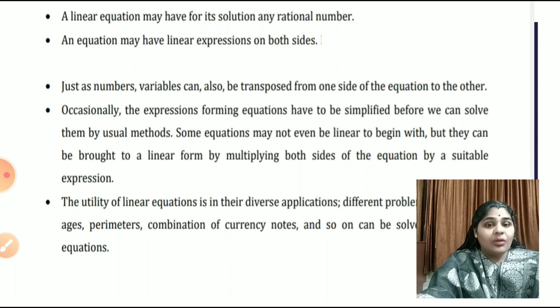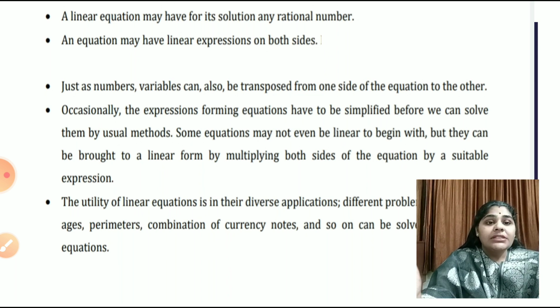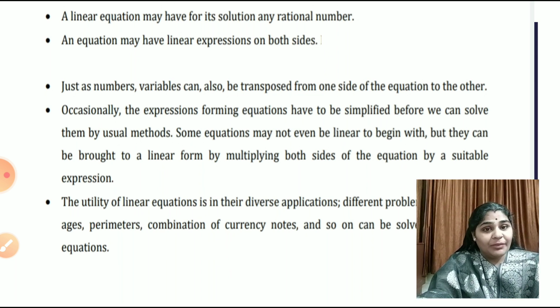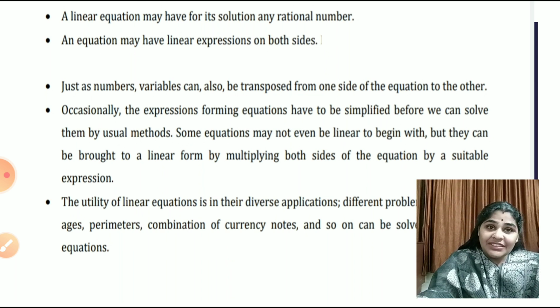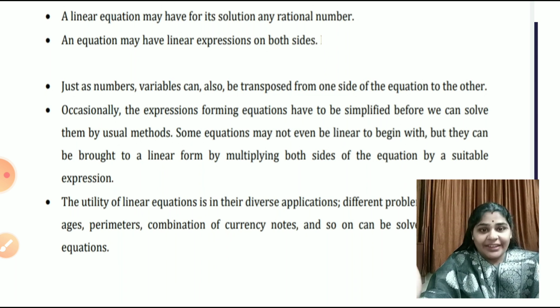Before doing that also, a few equations have to be simplified, right, before we do the usual methods. Some equations may not be linear to begin with. In the last exercise we have seen that, right? They can be reduced to linear form by multiplying both sides of the equation by a suitable expression, or we have seen by transposing whichever variable is present in the denominator to the other side, right?